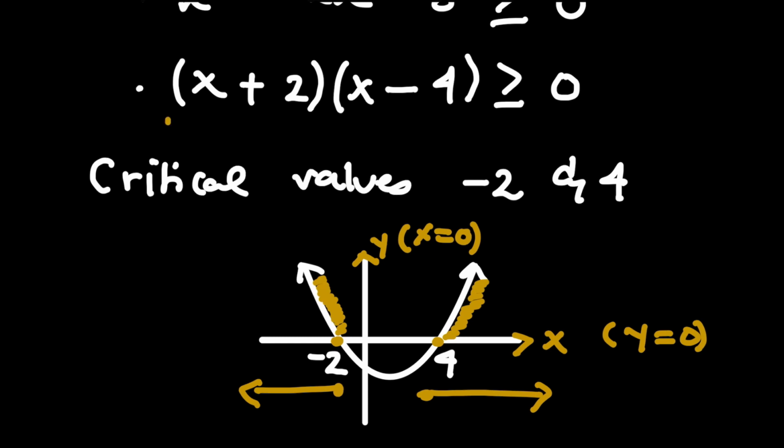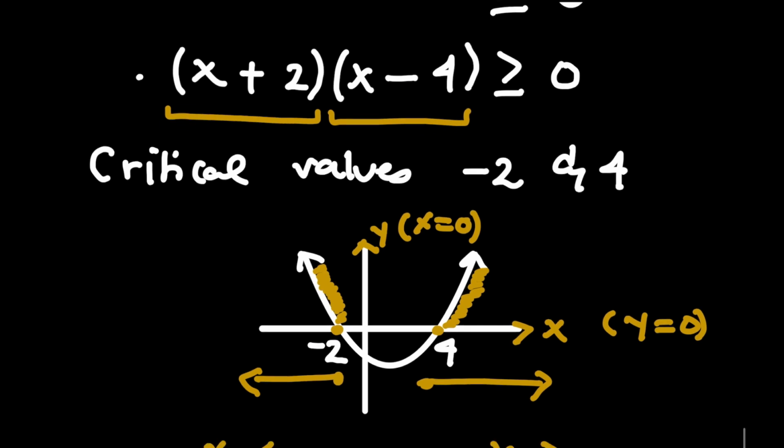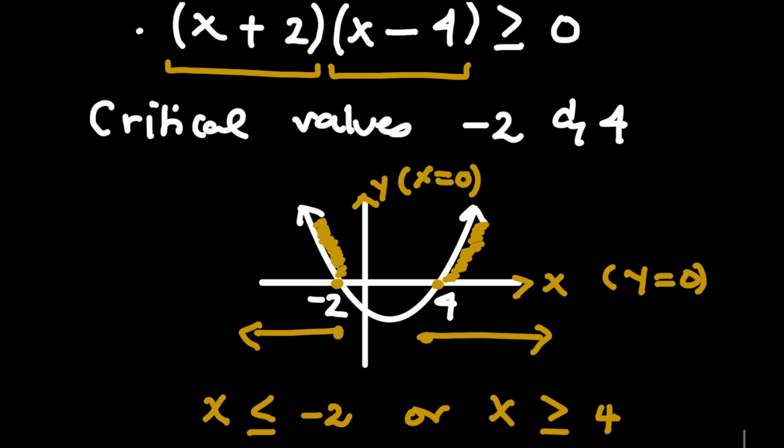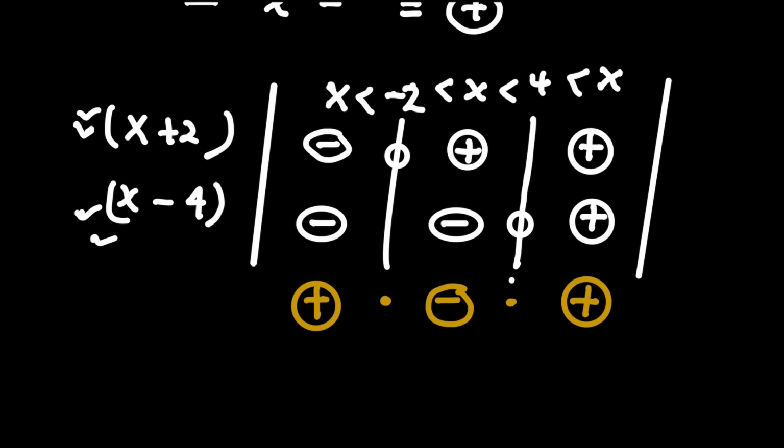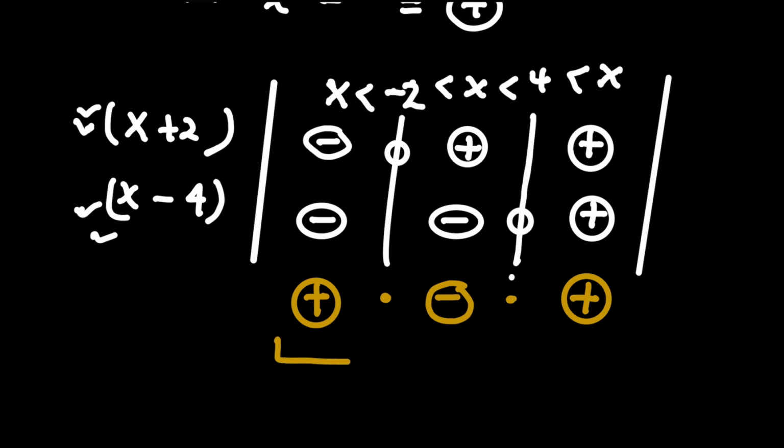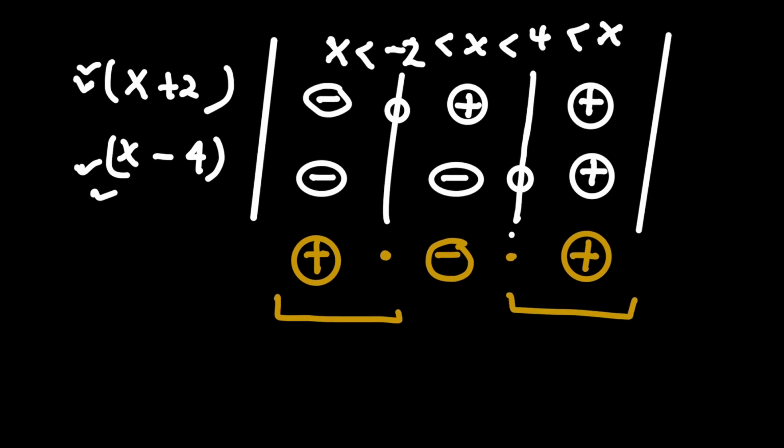So in other words, you multiply two portions, and when you multiply them, you should get something positive, or something that equals 0. That is satisfied at this portion and at this portion right here. If you express that in terms of x, it's when x is less than or equal to minus 2, or when x is greater than or equal to 4.